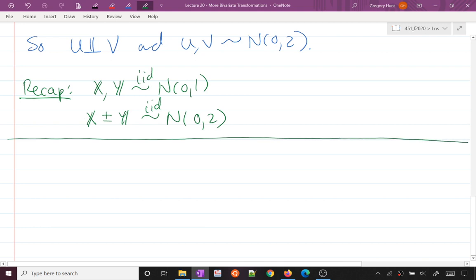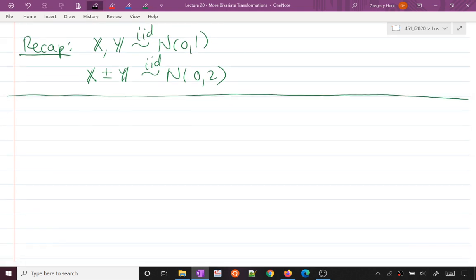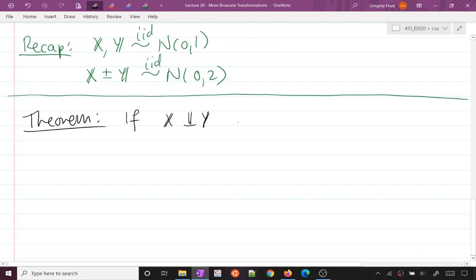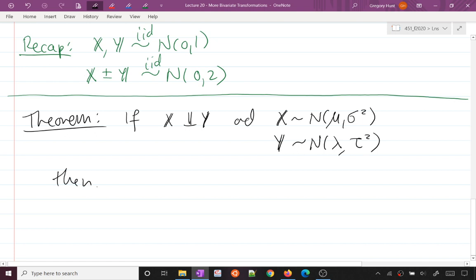You can actually generalize this into a more general theorem. The more general theorem is that if x and y are independent, and x has a normal mu sigma squared distribution, and y has a normal lambda tau squared distribution, so different mean, different variance, whatever symbols you want, then you can generalize this theorem.